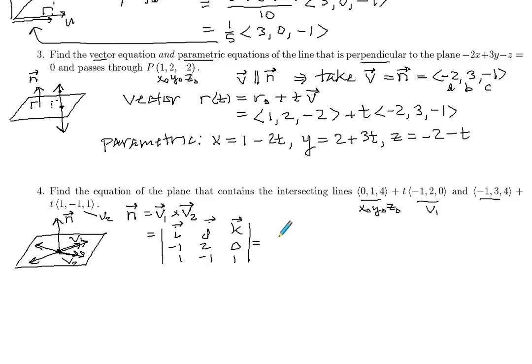And this will be positive i. And then we take out the row and column for i. We've got left 2, 0, -1, 1. And then minus. Minus goes with the j cofactor. Take out the row and the column for j. We've got -1, 0, 1, 1. And then plus k times our cofactor, which is going to be take out row and column for k, so -1, 2, 1, -1.